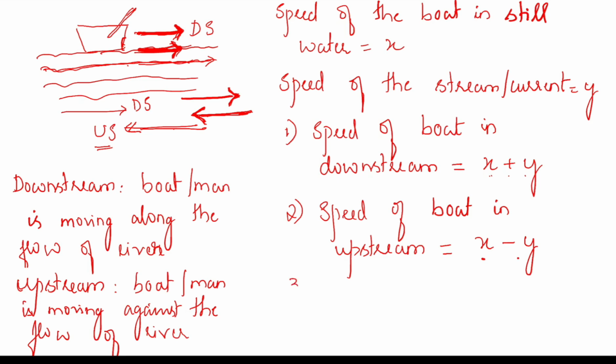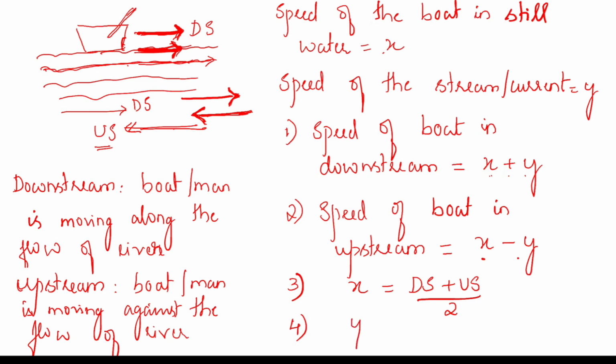Next, the third formula is the value of x. x is given by downstream speed plus upstream speed divided by 2. This is nothing but the speed of the boat in still water. The fourth important formula is the speed of the current.